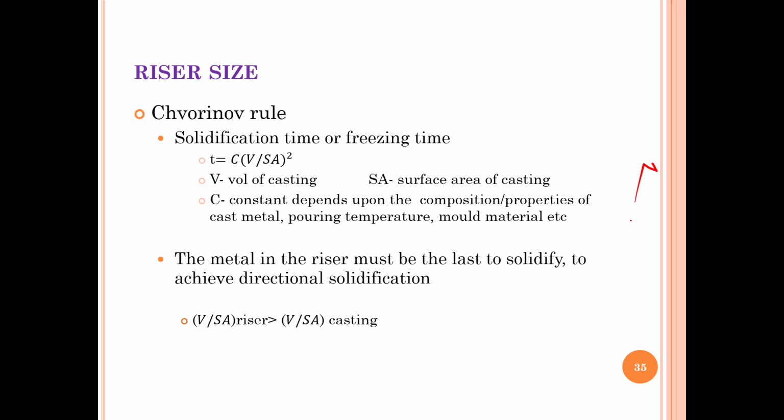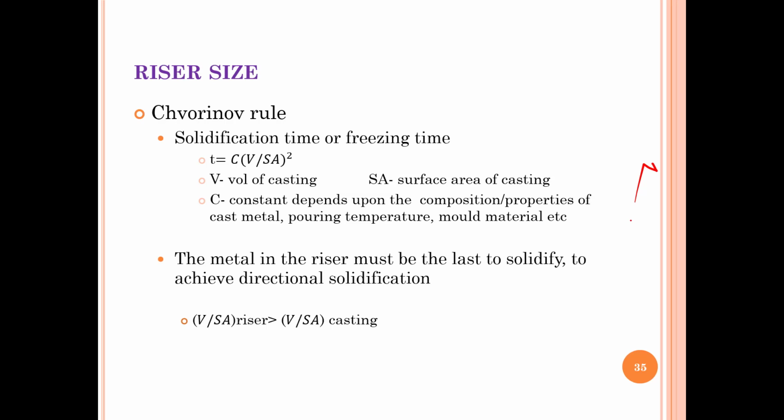Riser size can be calculated by using Chvorinov's rule, and with this we can find the solidification time or freezing time. That is T equals C into (V by SA) whole squared.